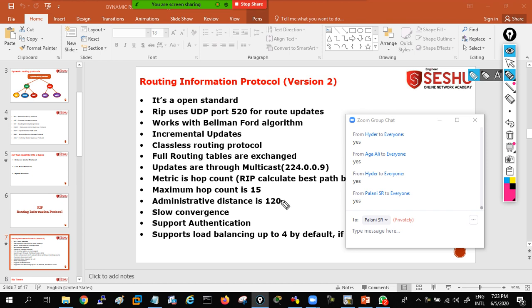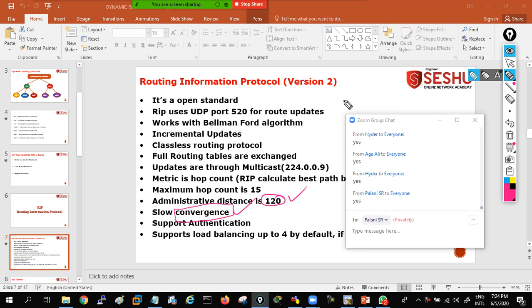Okay, and the administrative distance is 120. It's a slow convergence protocol. What is slow convergence? What is convergence exactly? Convergence is, for example, in case you deleted some routes, it is going to send that update after 30 seconds.